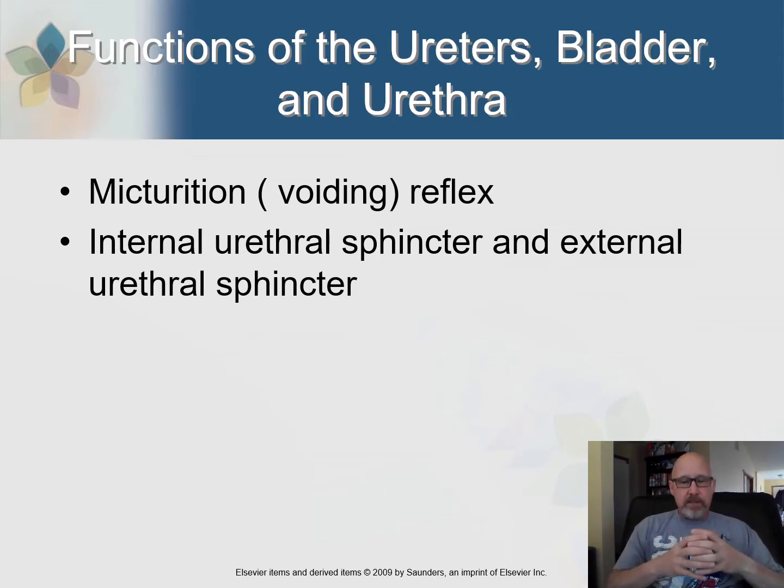That voiding reflex is called micturition, and that reflex is controlled through the internal and external sphincters of your urethral sphincter. The first one is autonomic, and your body's like, boop, gotta go, and you feel that urge to urinate, and then you control the second, and that's how you can release your urine at your control. You learn to control that. Hopefully, all of you learned that as little kids.